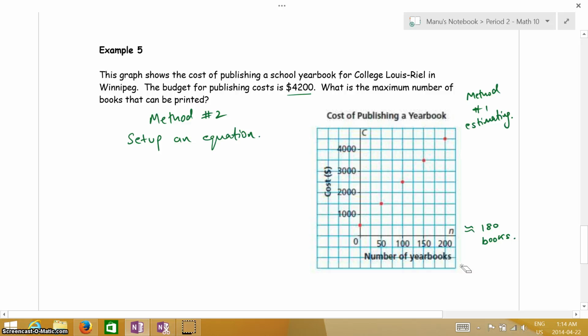If you want to set up an equation, there needs to be some information given to us from the graph. You'll notice that even when the number of yearbooks is 0, we have a point right here. That point is (0, 500).